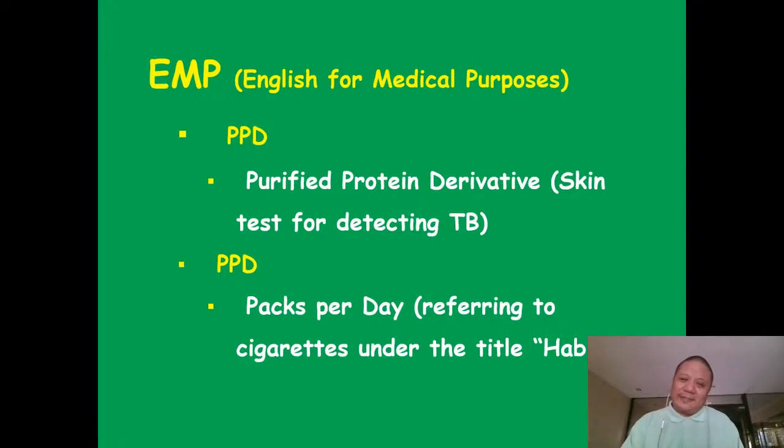My daughter and my son were given that, and if the resulting scar or rash is more than 10 millimeters long, then that means they have tuberculosis, children's tuberculosis, which is not really communicable. But for marketing, it could mean packs per day. How many packs were you able to give per day?